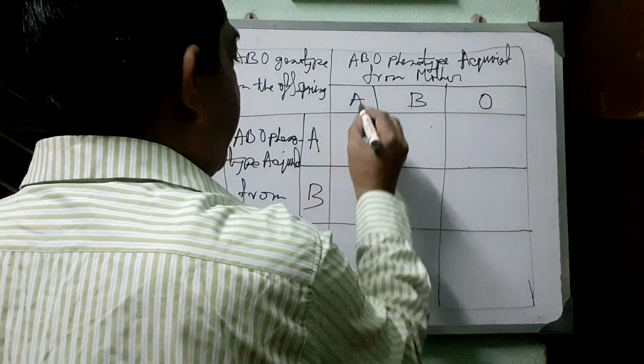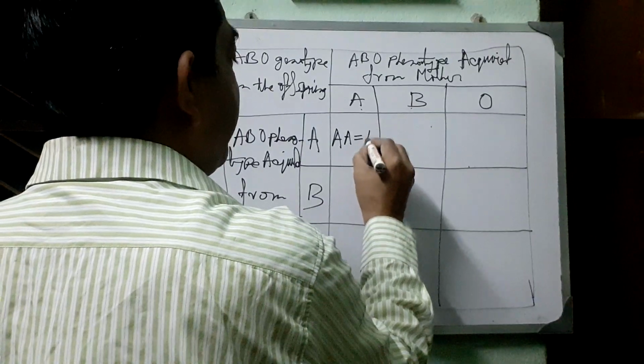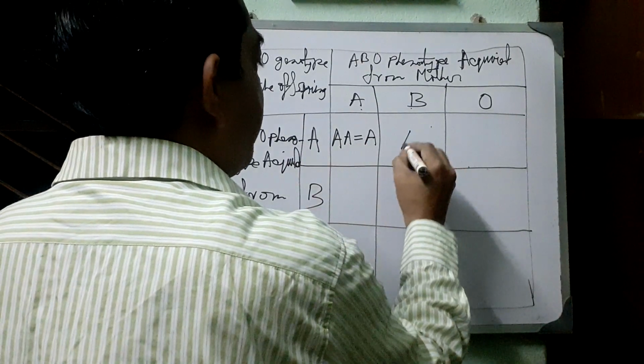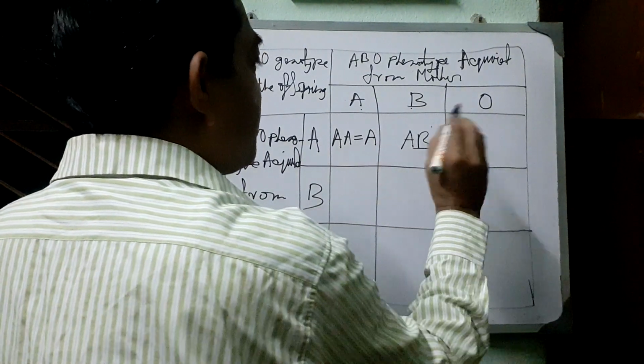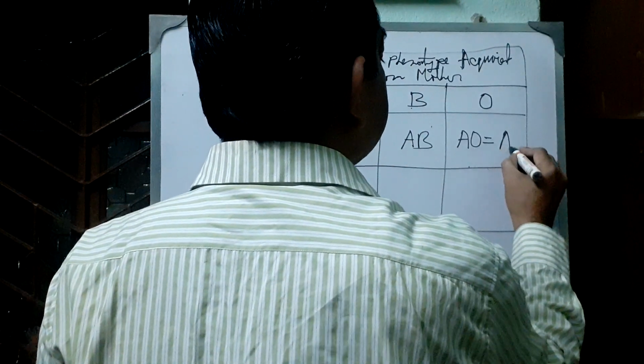Now what happens? A can be one genotype, it means A ultimately. AB means AB. AO means A.